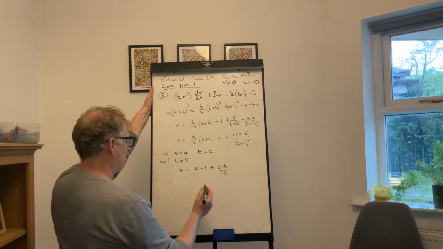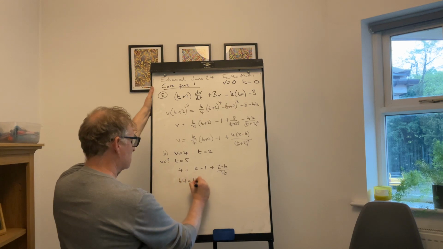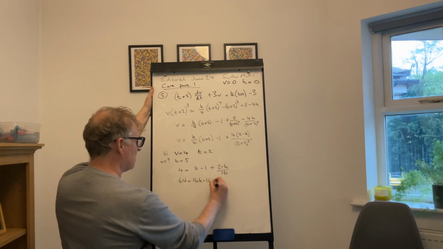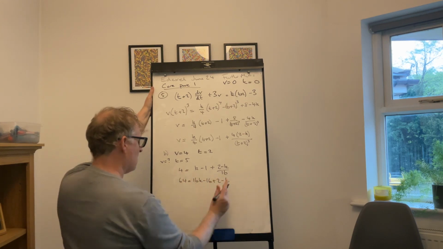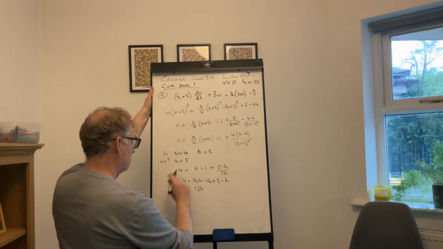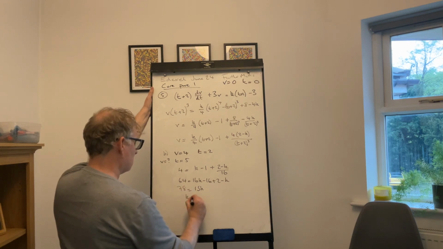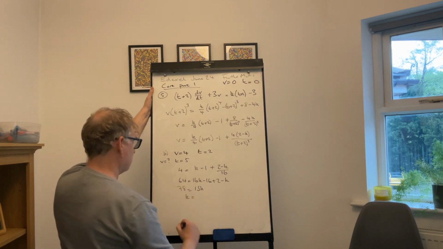So let's times through by 16. So we get 64 equals 16k minus 16 plus 2 minus k, so that's 15k minus 14 over to there equals 78, all done like that. K equals 78 over 15.